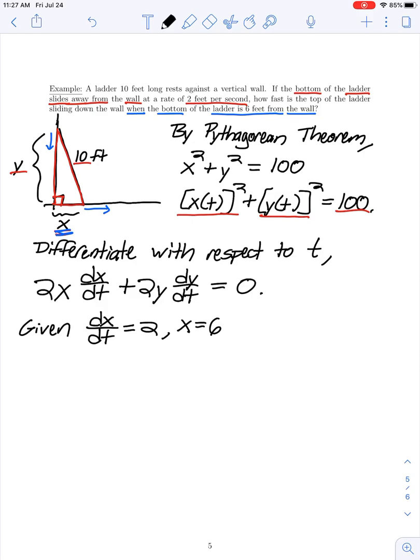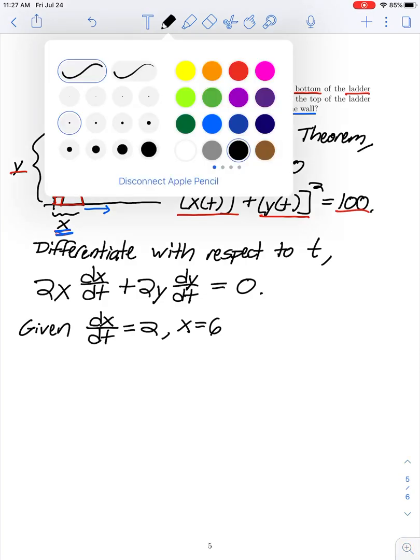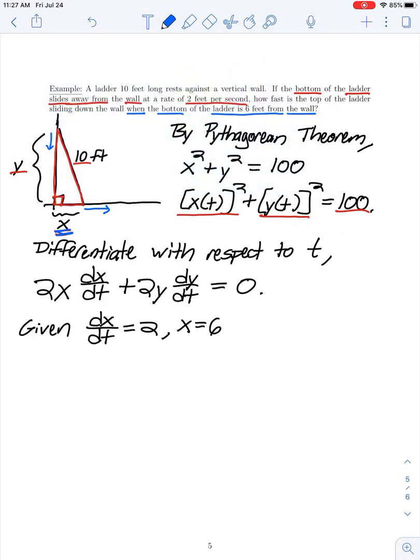And now we're looking for how fast the top of the ladder is sliding down the wall. So that is the rate of change of y with respect to t. So here we're given dx dt, we're given x, and we're looking for dy dt. But the problem is here we don't know what y is. It's not given in the problem.